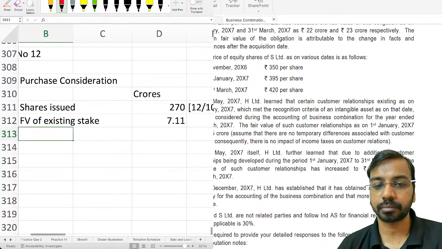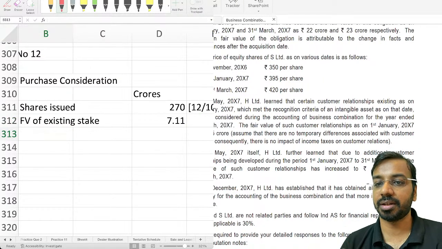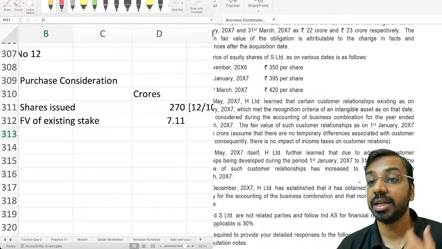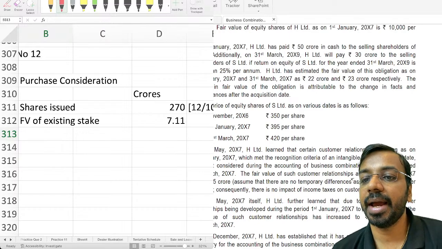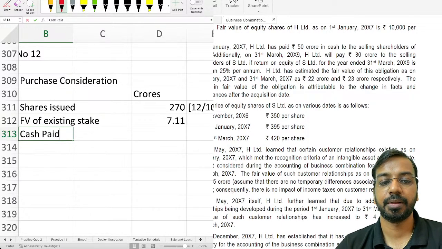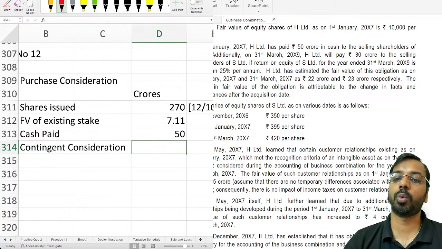Then the other part is there is a contingent consideration. Before the contingent consideration, they have also said they have paid 50 crores in cash. So cash paid 50 crores. Contingent consideration, they have agreed to pay 22 crores as on 1st of March.